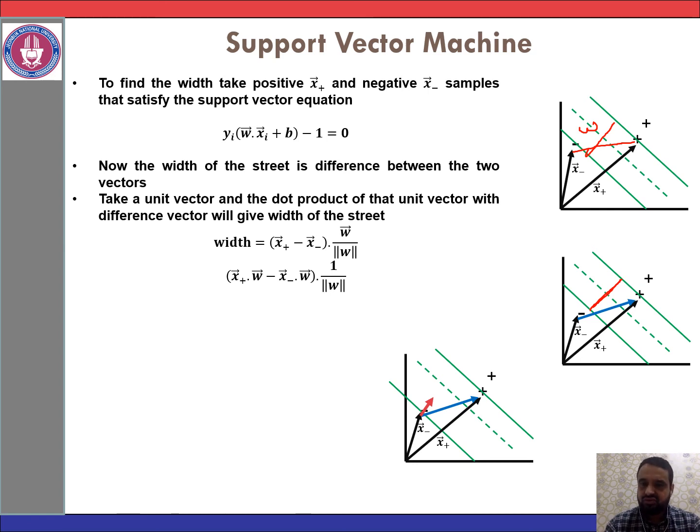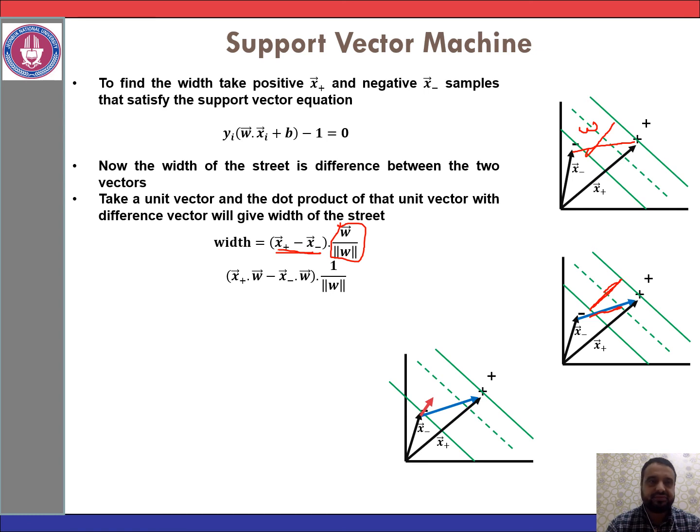So what we need to do is find the projection of this vector on the weight vector. As this is the subtracted vector, x plus minus x minus, we will take the dot product of this vector with the unit vector. So this is the unit vector. The vector divided by its magnitude is the unit vector, and this will give us the width of this stream.